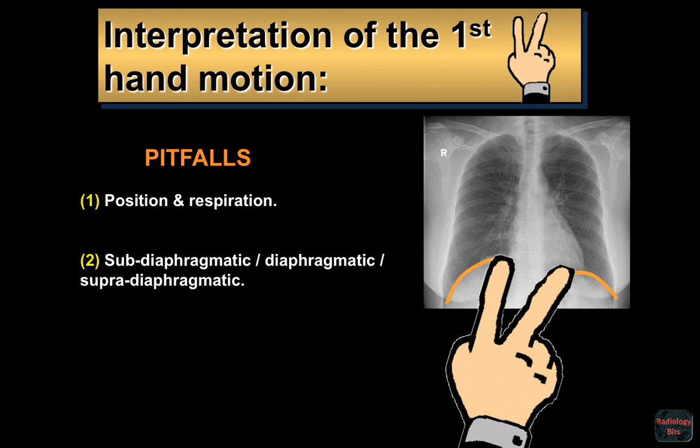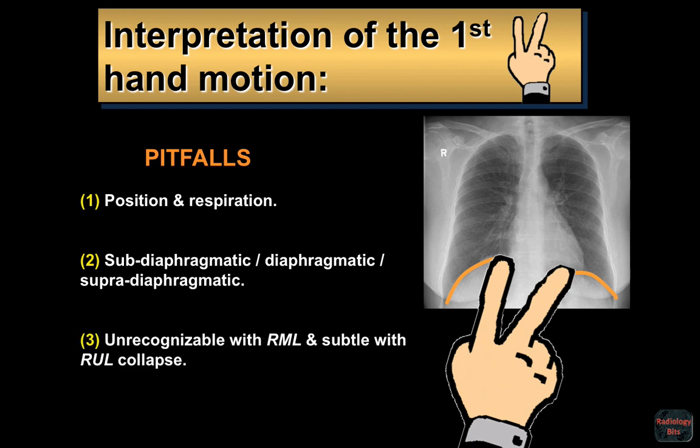For example, you have subdiaphragmatic causes, let's say hepatic enlargement pushing the right hemidiaphragm upwards. You could have diaphragmatic causes such as phrenic nerve paralysis, and you could have supradiaphragmatic causes, for example, fibrosis that tethers the hemidiaphragm upwards, or a pleural effusion that mimics an elevation of the hemidiaphragm.